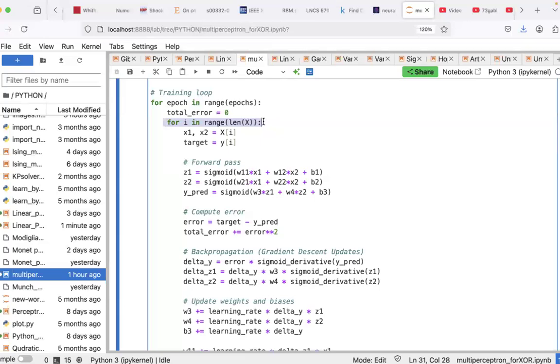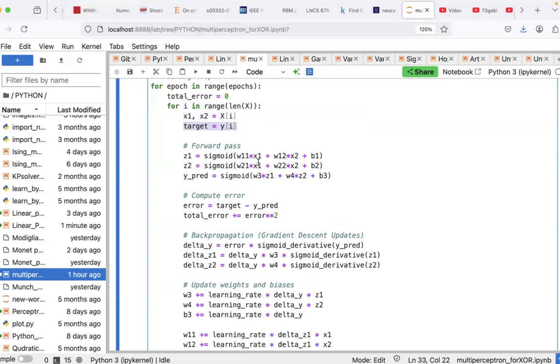And then it loops over all the data points. These are basically the input data and the corresponding target or output. So what does it do first? It first computes the first layer outputs of the two perceptrons, which you see have the same input, and they provide the Z1 and Z2 outputs.